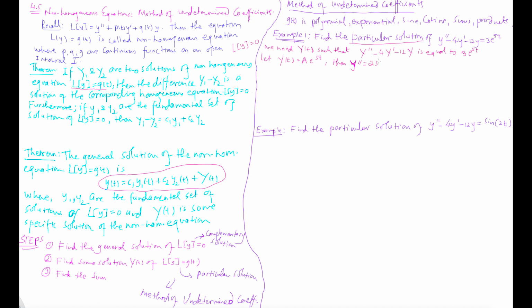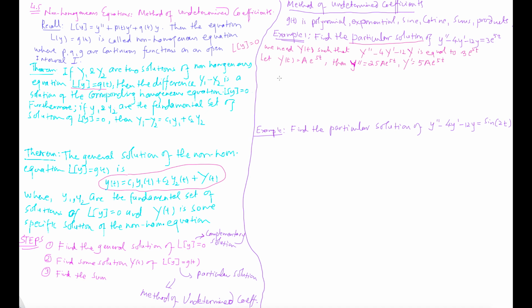So 25a e to the 5t, and y prime is also 5a e to the 5t. Now what you do is plug these values into the given equation.